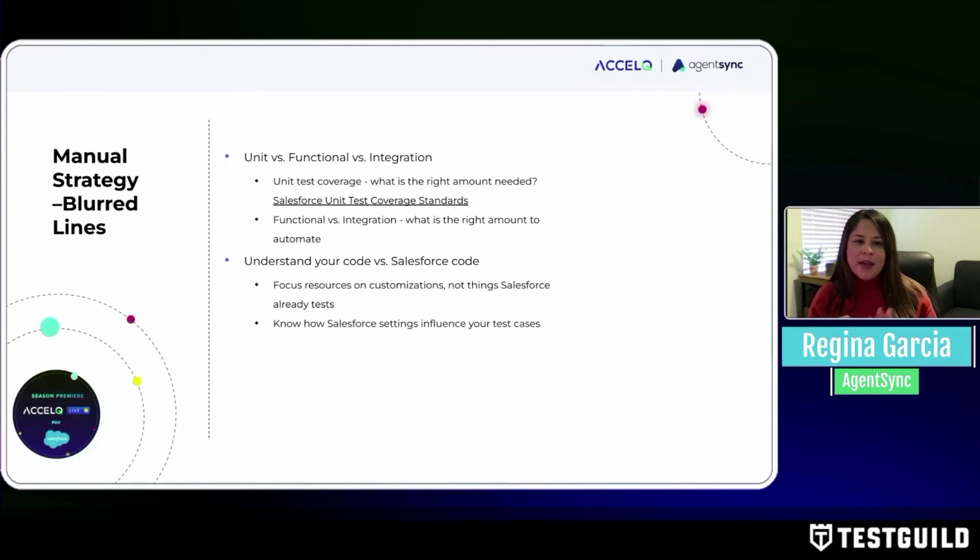I verified on the back end those changes were made. It was all connected. But then when we went to push to production, making changes from the back end didn't influence our front end. So there was a missing piece there, and that was something that we missed within our testing. And so really understanding that when you're testing the Salesforce platform with our AgentSync app, we have to make sure that it's tested in both directions.